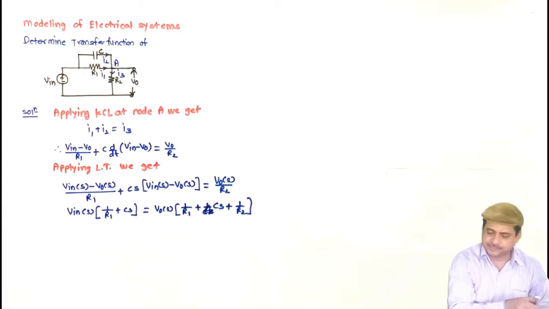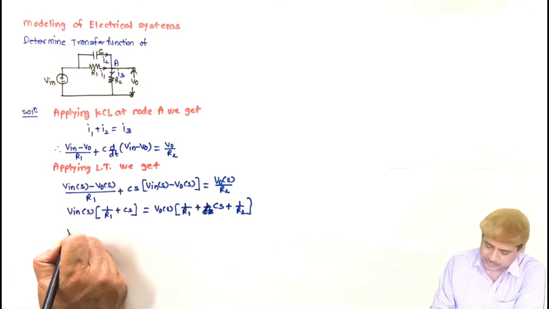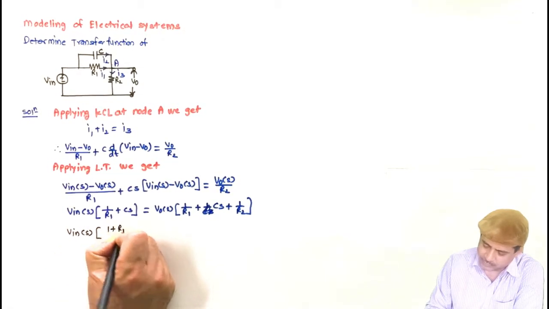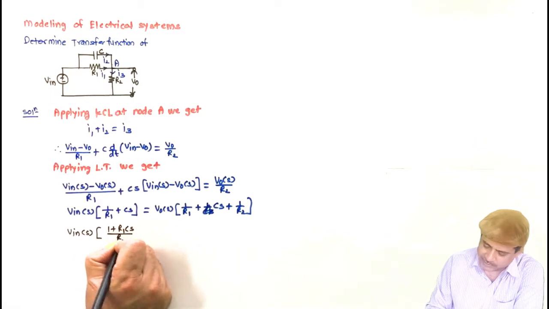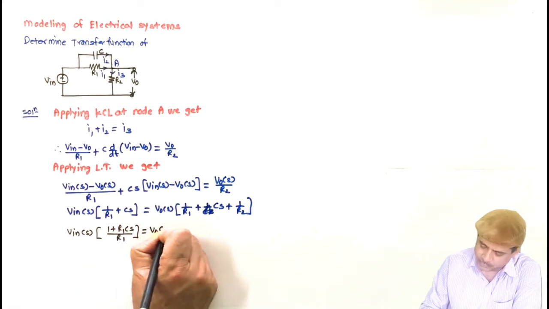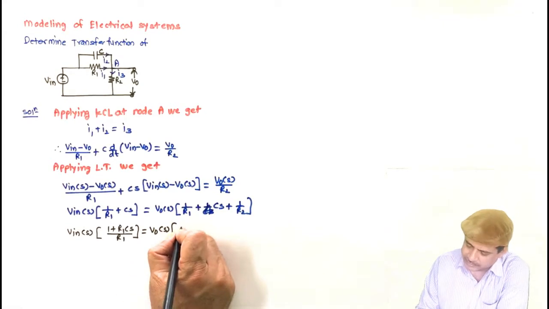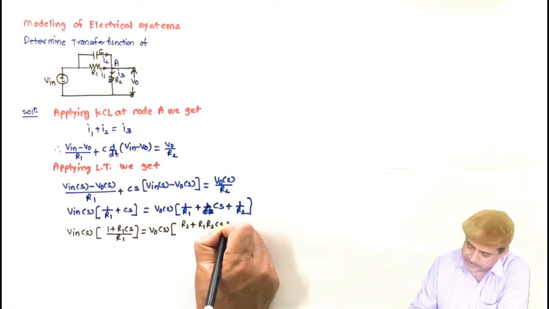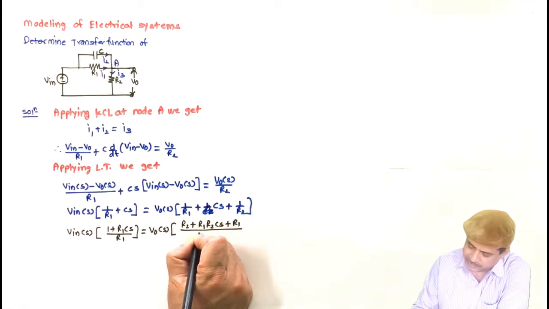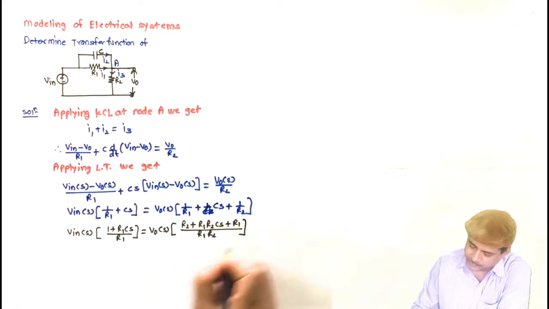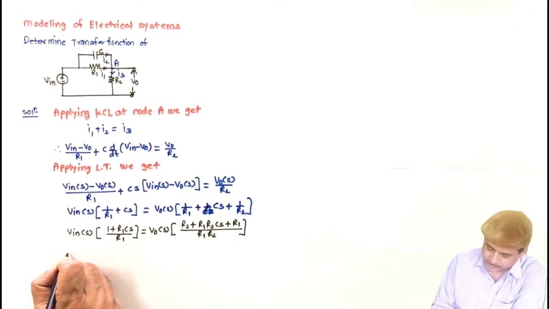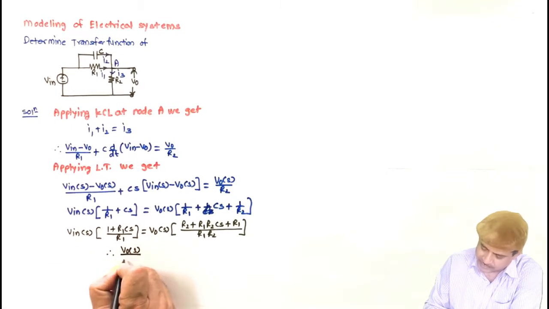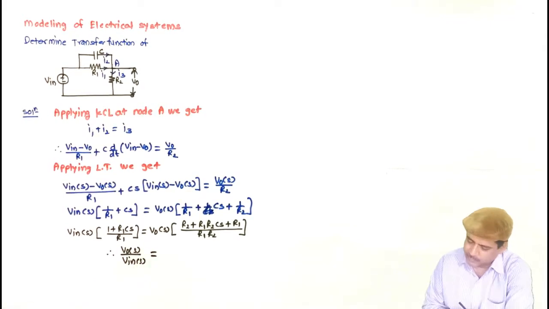And let us simplify this. So it is nothing but V in of S in the bracket 1 plus R1 CS divided by R1 equal to V output of S in the bracket R2 plus R1 R2 CS plus R1 divided by R1 R2, and hence V output of S by V input of S will be what?